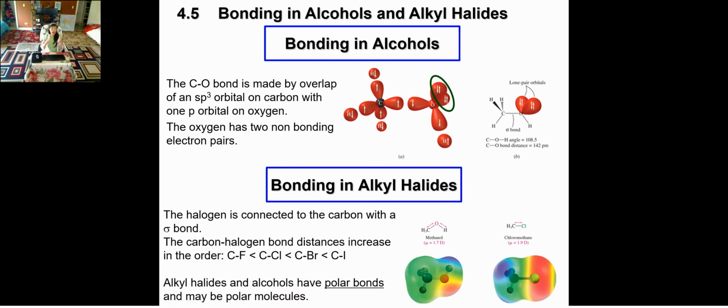For your halides and alcohols, both types of functional compounds are going to have polar bonds. Carbon and oxygen have two different electronegativities. Oxygen is partially negatively charged, carbon is partially positively charged. Similarly, in the halides, carbon is also partially positively charged. That important information will be used for us to form carbocations.